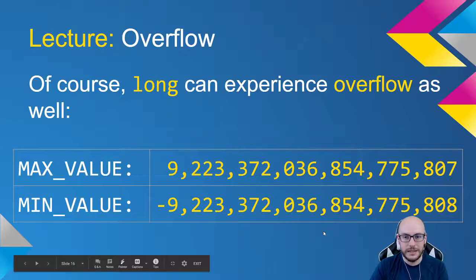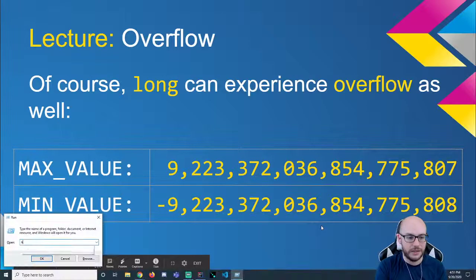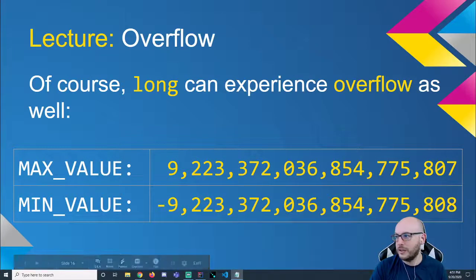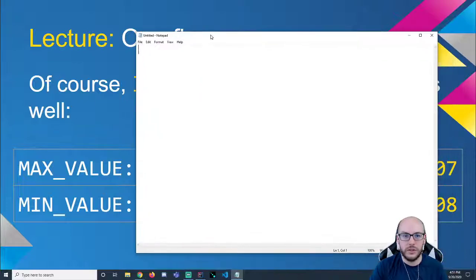Okay, so that's essentially it for overflow. The only thing I can really talk about is why it effectively occurs. They talk about it a little bit in the video, but let me just quickly show you because I actually do have a pretty good explanation here. They use 4 bits in the video to demonstrate the idea, the Numberphile video that I will link in the description below or as a suggested video. But with 4 bits, it looks like this, right? And we're going to count up. We go 0, 0, 0, 1.